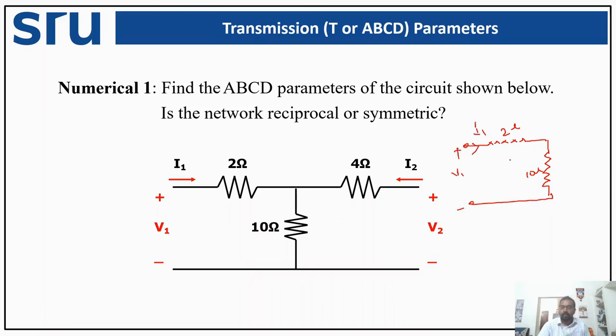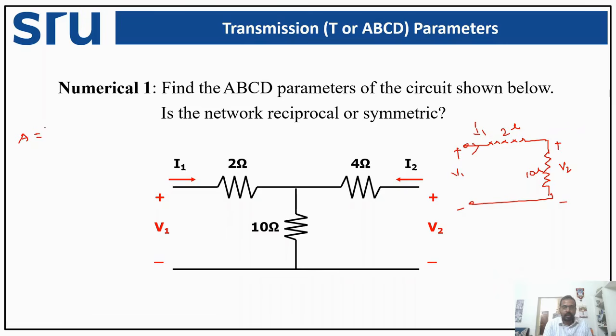What about V2? Even though we have this particular branch, the current flowing through it is 0, so the voltage drop across this 4 ohm is also 0. So the voltage V2 will be equal to the voltage across the 10 ohm. We need to find A and C. So how are we going to get the A value?